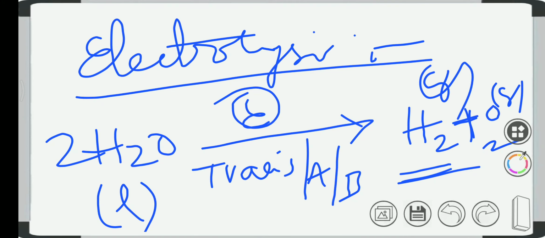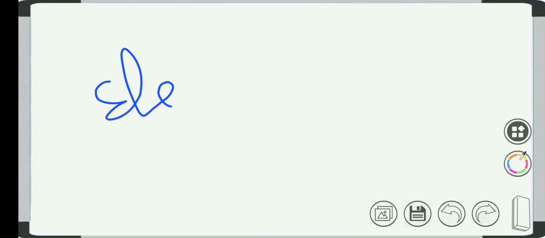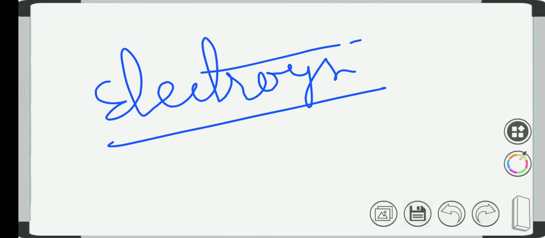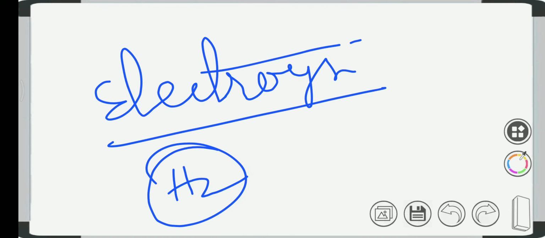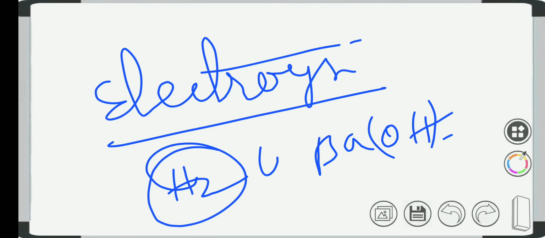High purity hydrogen, 99.95%, is obtained from the electrolysis process of warm aqueous barium hydroxide. It is also obtained as a byproduct in the manufacture of sodium hydroxide and chlorine by the electrolysis of brine solution.